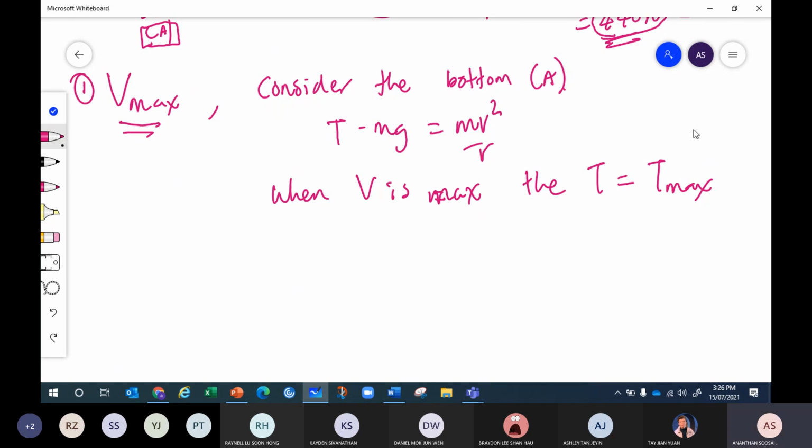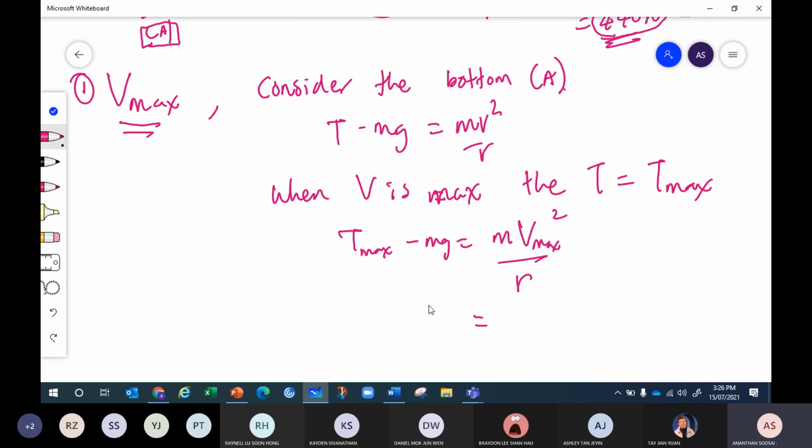So now the above equation: Tmax minus mg equals m vmax squared over r. When V is max, T achieves its maximum value.